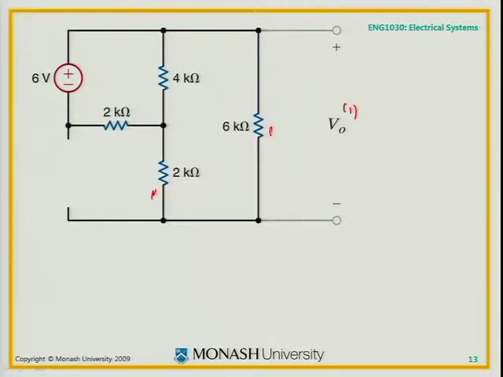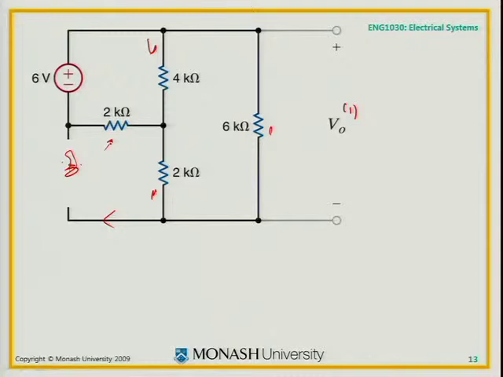They've got the same current flowing through them because there's no current out here, since this is an open circuit in this area. So indeed the 2 and the 6 are in series. I could combine that to an 8K. What is that 8K then in parallel with? The 4, which is in series with the 2.